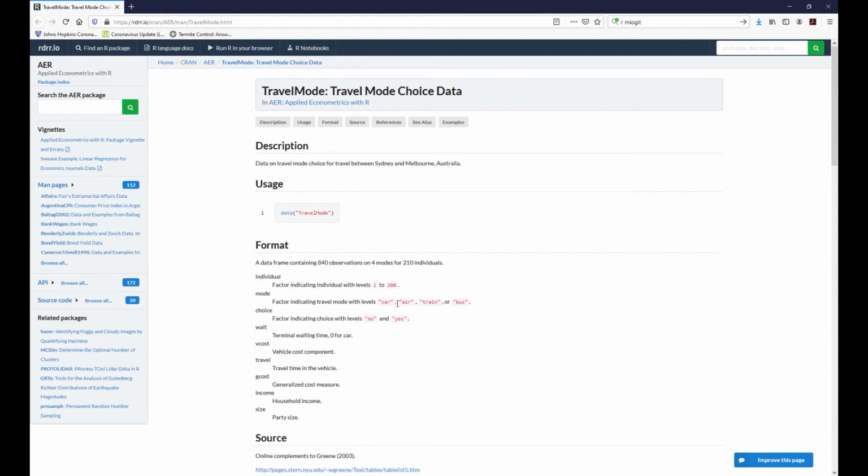And you have 4 travel modes: car, air, train, and bus. We will soon see what choice means with yes or no. We have information about the terminal wait time. Note that this is an alternative specific variable. We have a vehicle cost, the travel time, household income, and the party size. Okay.